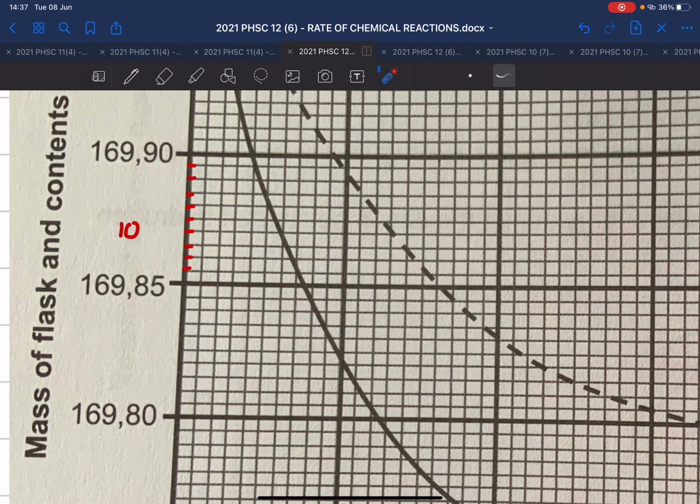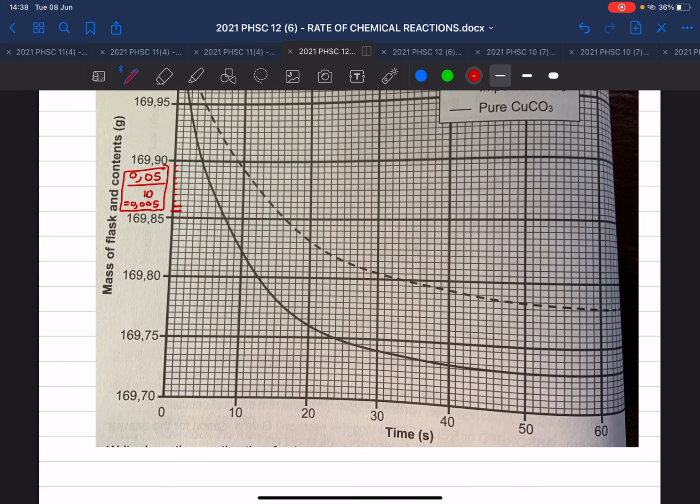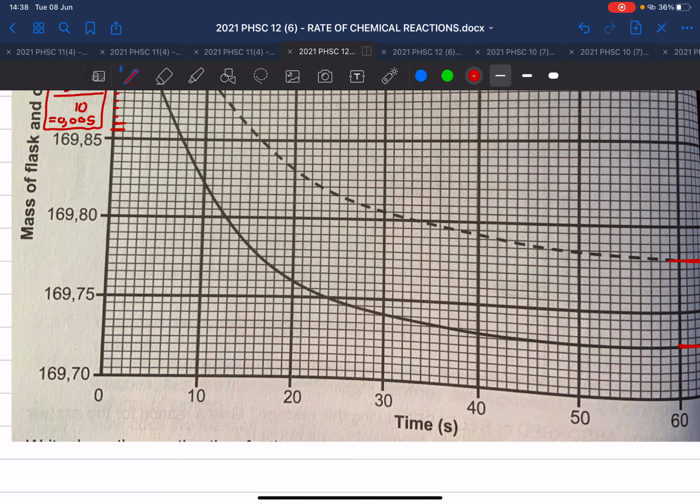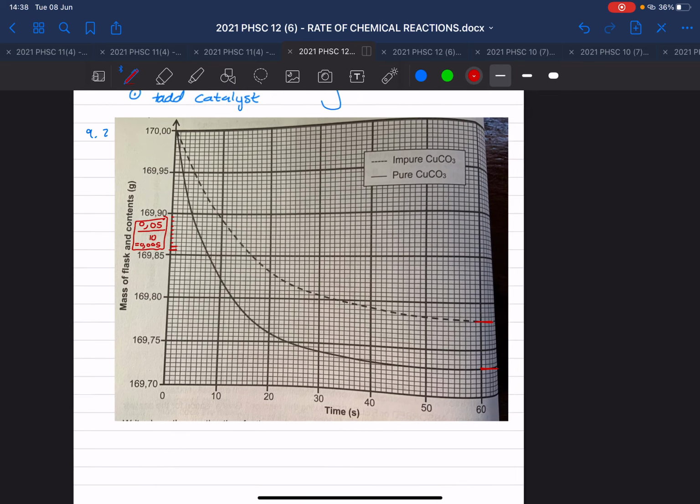It changed 0.05, because if you add 0.05 to that, then you get that. Okay, so that means if we divide those two together, one line is 0.005. Okay, so that is important that you have that, because we want to get the readings from there and there in a while. Okay, so yes, that is what I want to show you there.